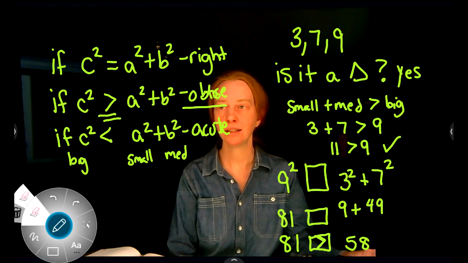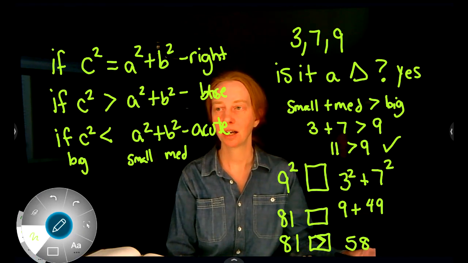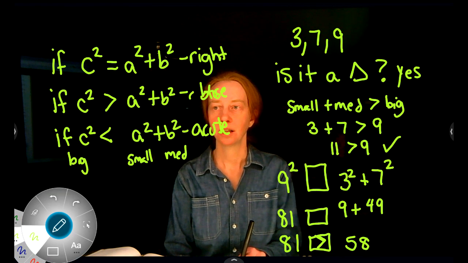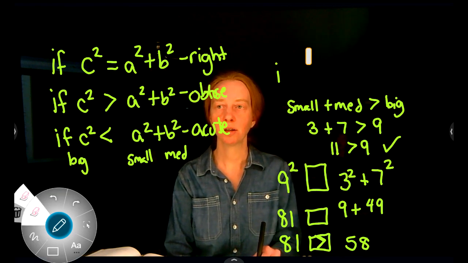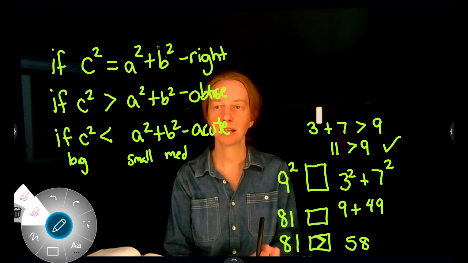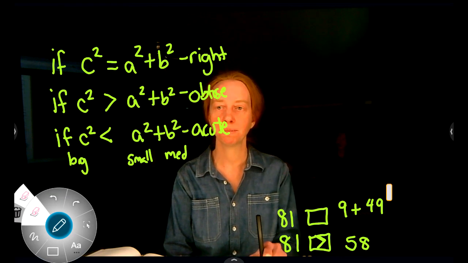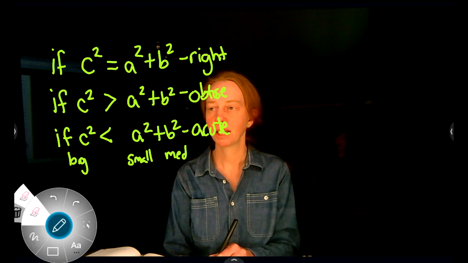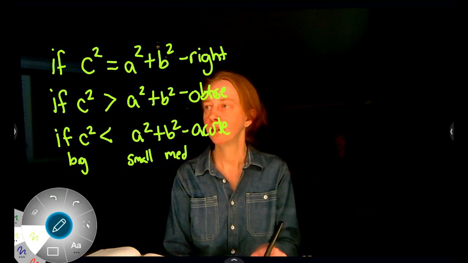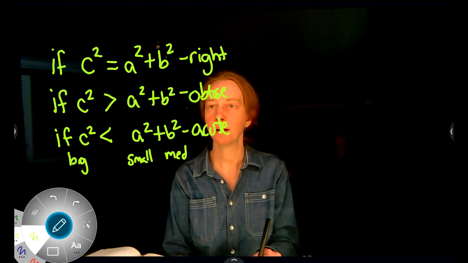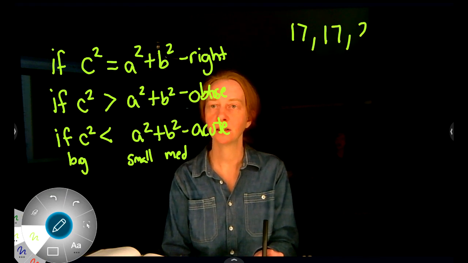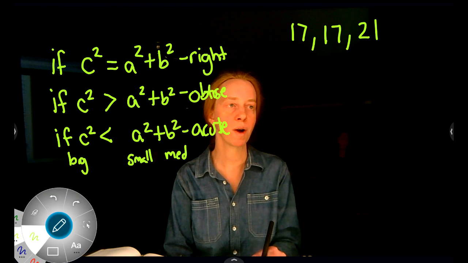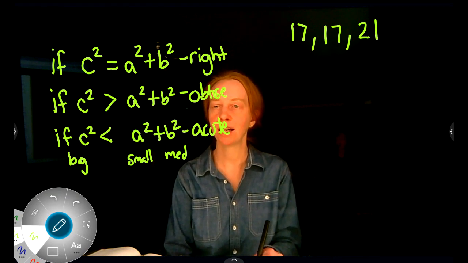Let's do one additional one. I'm going to erase the marks I just made, which is kind of tricky because I just erased the O on obtuse. We determined that 3, 7, 9 makes an obtuse triangle. Let's pick another one to do. Let's do 17, 17, and 21. So our first question, is it a triangle?